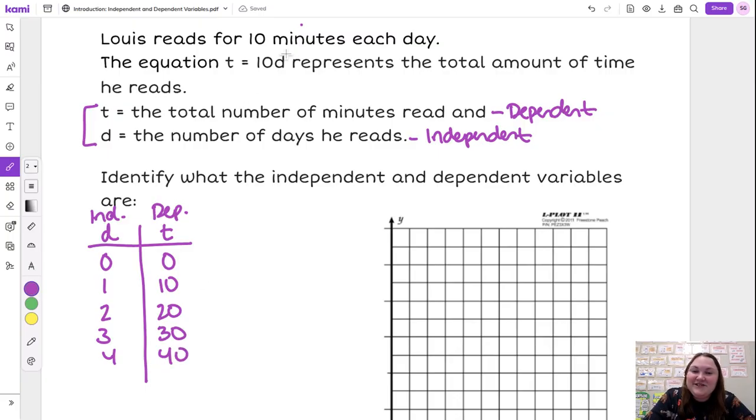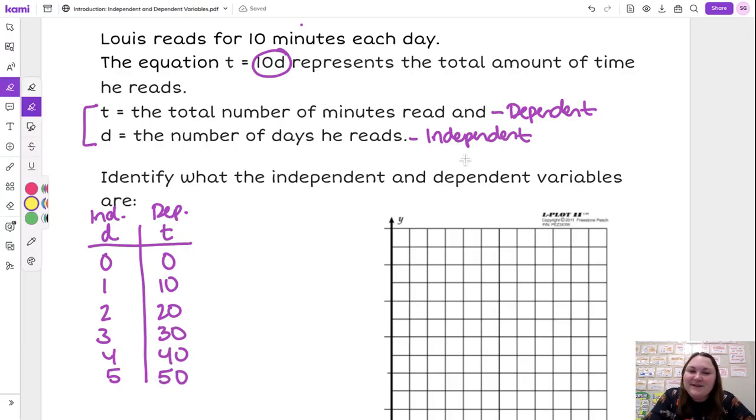Our equation says you're multiplying 10 by D, 10 by the number of days. So every single time I put a number here, like 5 days, I'm doing 10 times 5 to figure out how many total minutes that is. So one reason we want to know our independent and dependent variable is because when you make tables for stories, which we're going to do a lot in this unit, independent variable always is first, dependent variable is always second.